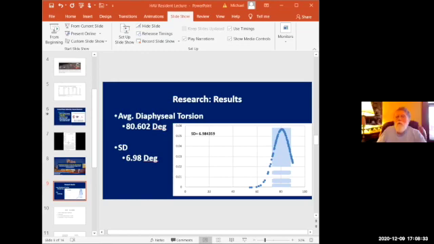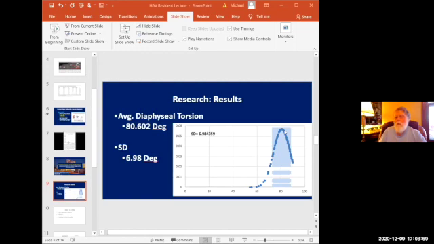Anyway, what we found was that they took 100 patients and just did the study, and we measured a whole bunch of things: navicular, first cuneiform, first metatarsal base, first metatarsal head, second metatarsal. The bottom line was we came out with an average amount of torsion of the first metatarsal right around 10 degrees. So the average individual has about 10 degrees of torsion.